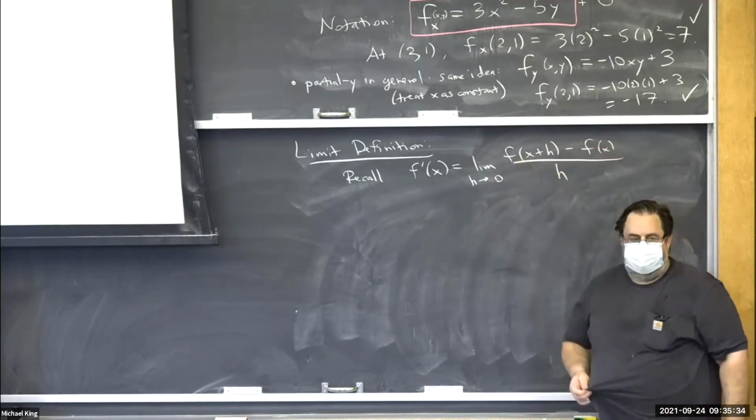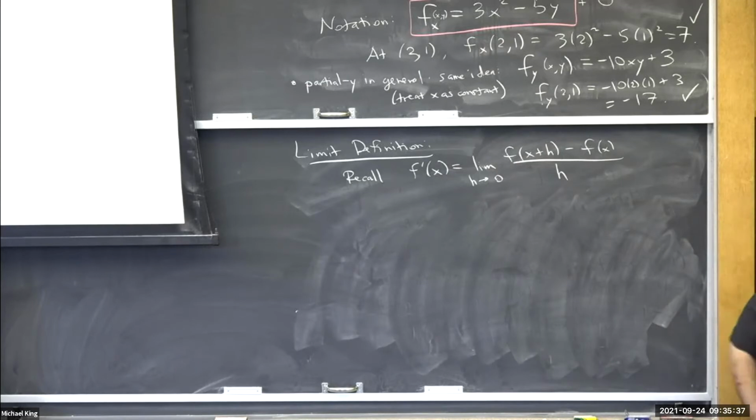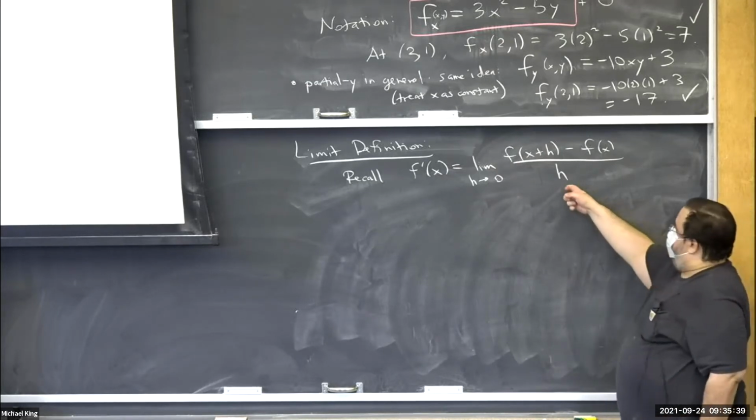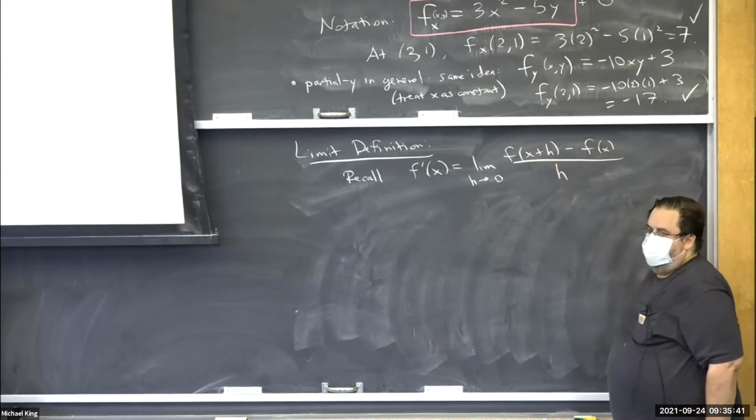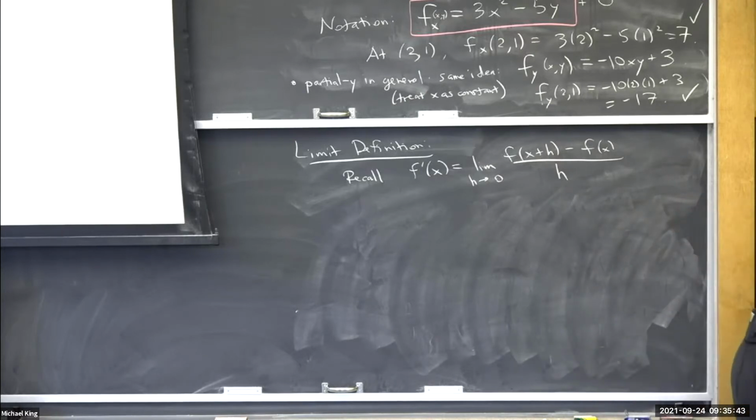That look familiar? It's like the change in the function over the change in x. This h is like a delta x, and you let the change in x go to 0.